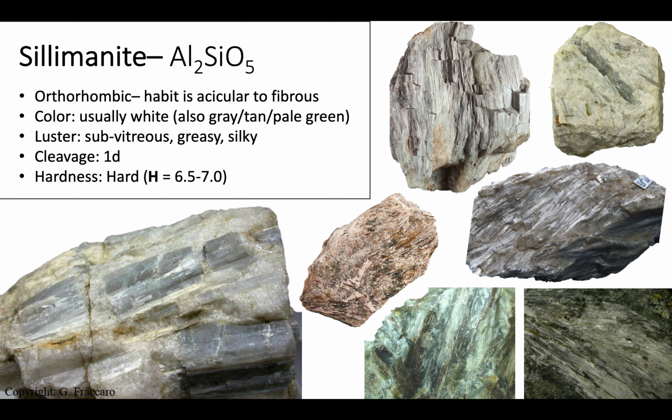It's not quite as vitreous as andalusite, or as we'll see kyanite is, so we call it subvitreous. It's glassy in some cases, but it can also range to greasy or silky. So I think this example in the bottom middle here is a really good example of a greasy texture for sillimanite.